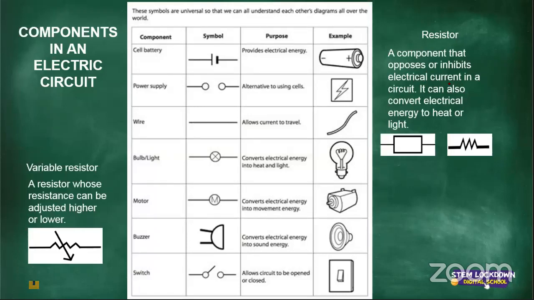To say it simply, it prevents the current from flowing through. And then you have a variable resistor. We'll go through that in tomorrow's lesson. It's a resistor whose resistance can be adjusted to higher or lower, so you can control the speed of the electric current through the variable resistor.